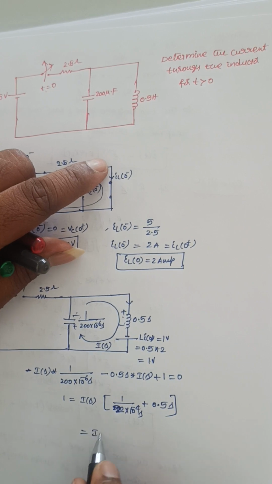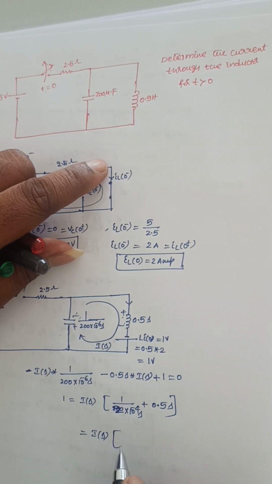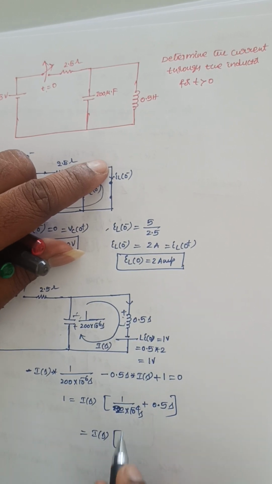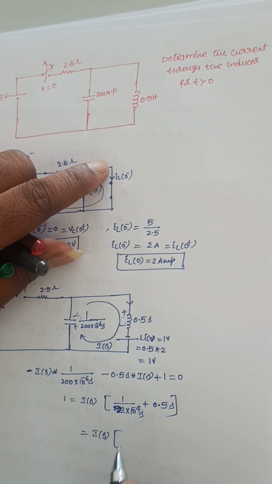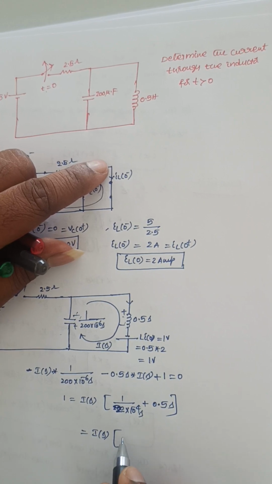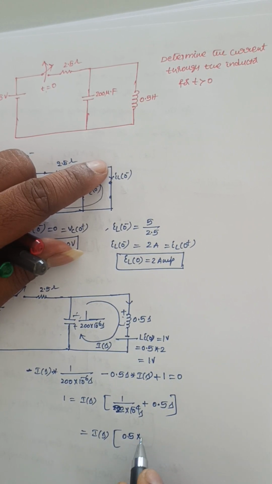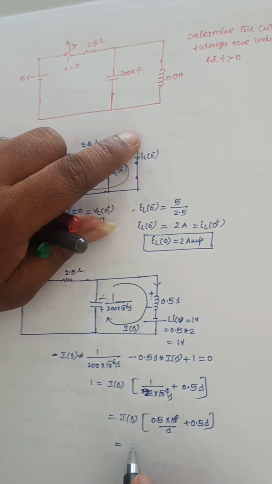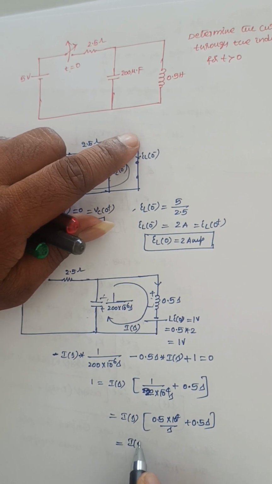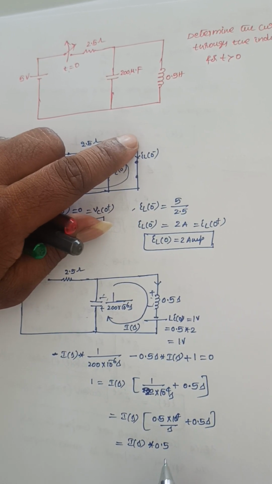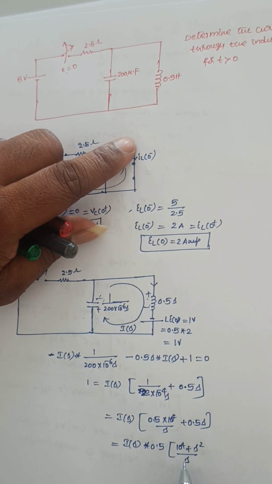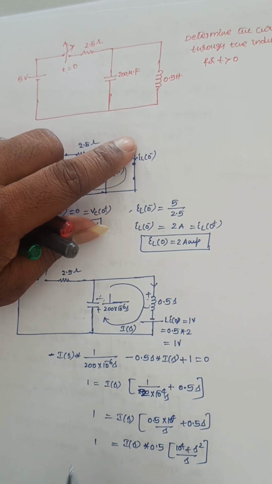It is I of S into 1 by 2, that is 0.5 into 10 power 4, divided by S, plus 0.5 S. So take 0.5 common here, it is I of S into 0.5 times 10 power 4 plus S square divided by S, equal to 1.